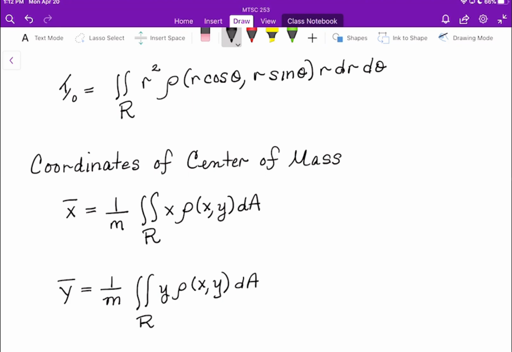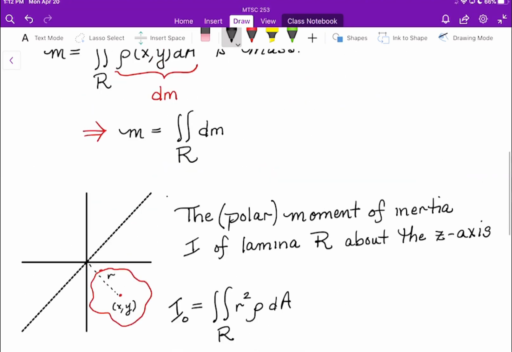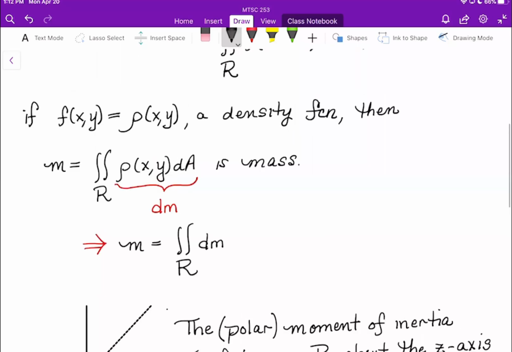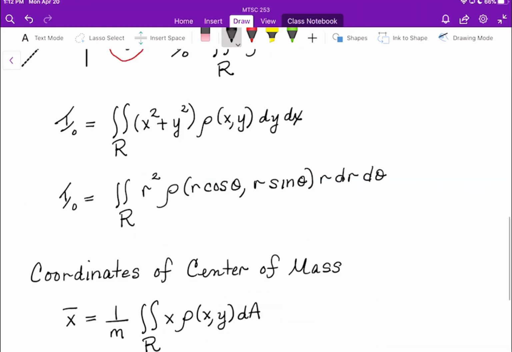Okay, so we can define all of that stuff in terms of a double integral. So we can look at mass in terms of density dA.